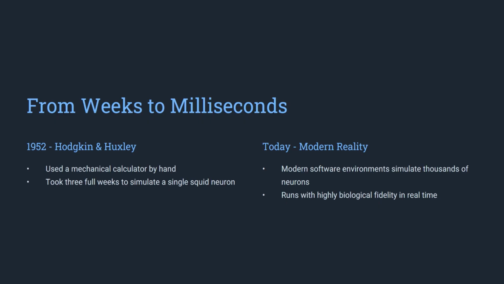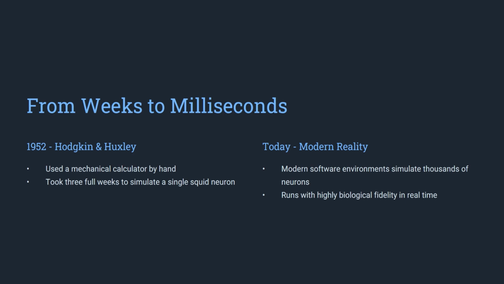Now let us talk about an interesting story. In the past, especially in 1952, the scientists Hodgkin and Huxley did the very first simulation of a single neuron.